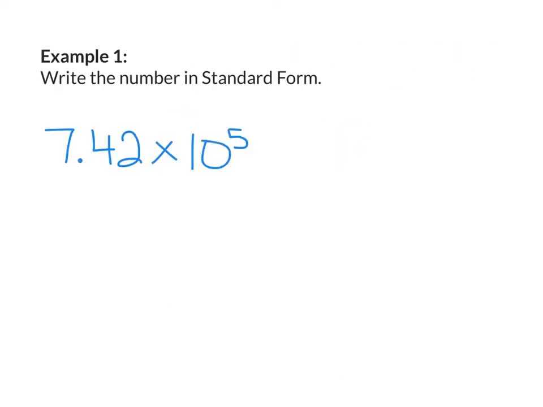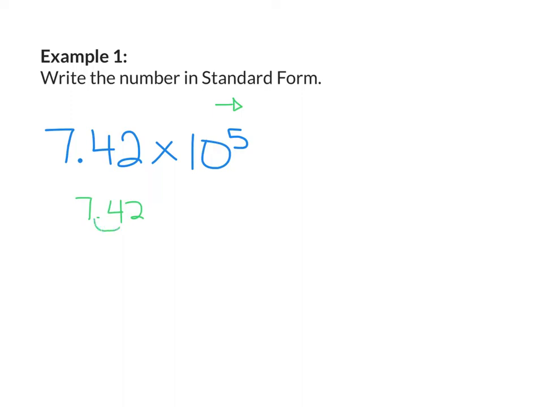Example 1. Write the number in standard form. Standard form is just the way we normally are used to seeing numbers. Since I have a positive exponent, I'm going to be moving in the positive direction, to the right. I'm going to start where my decimal is, and the exponent tells me I'm going to be moving 5 times to the right.